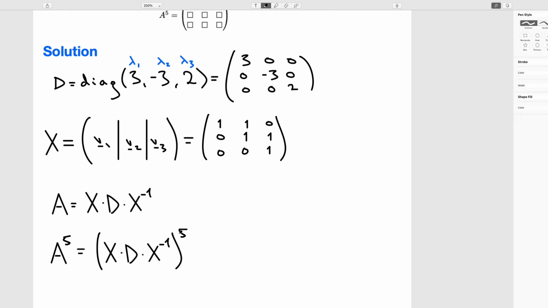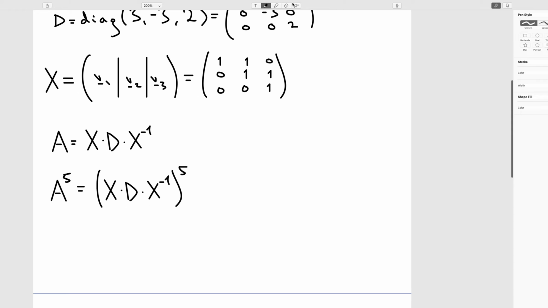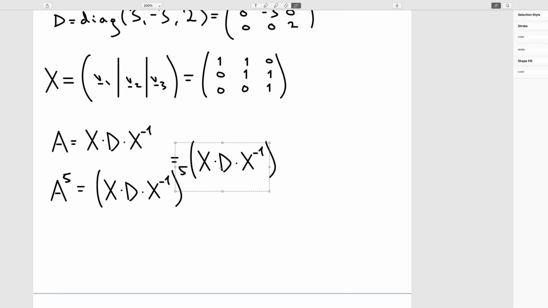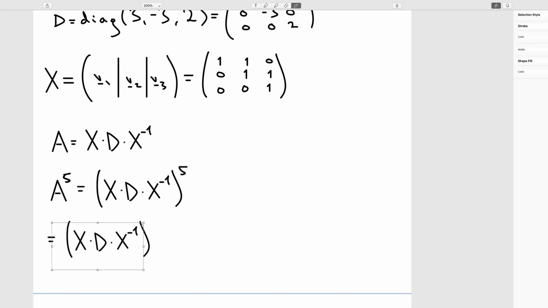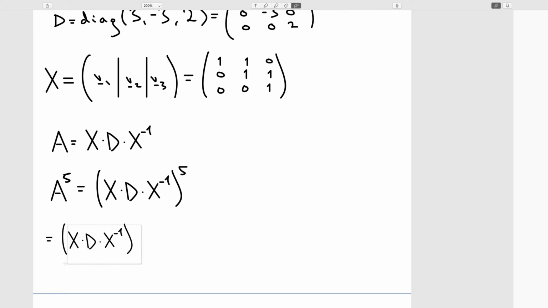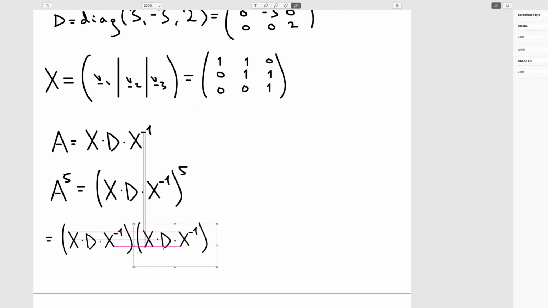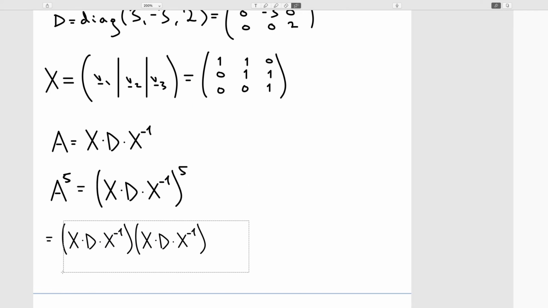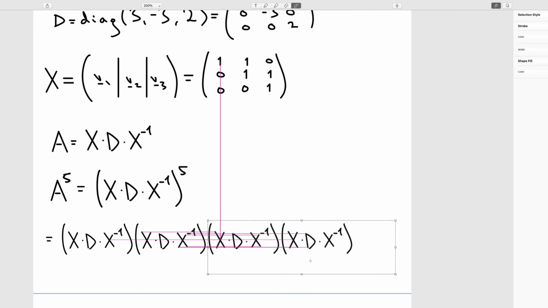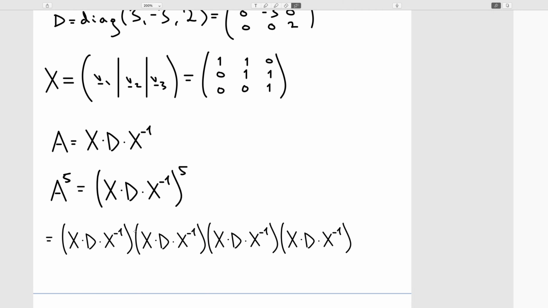But what is the power of 5? It's multiplying 5 times, right? So let's grab this and multiply 5 times. And technically we could prove this using an inductive argument. That's 4 times. We're running out of room.